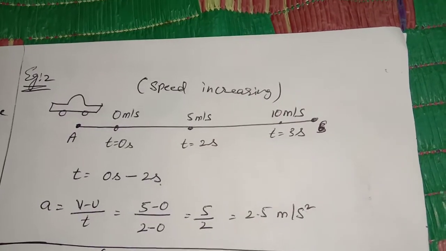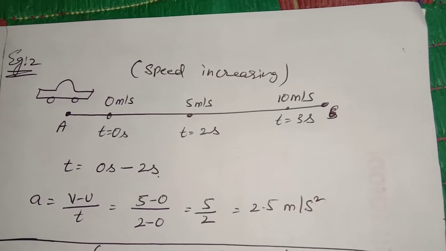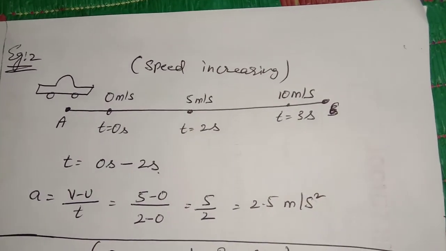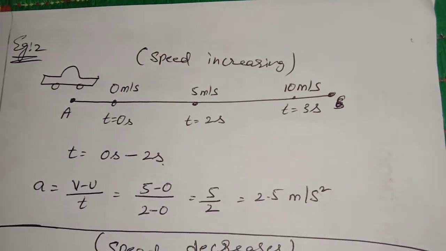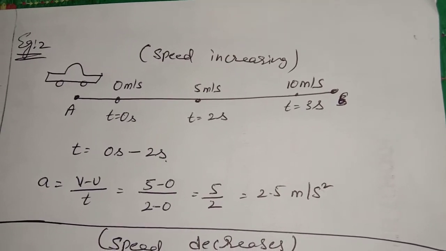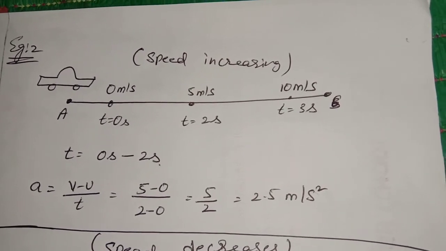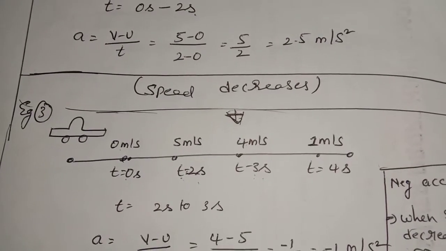So suppose you want to stop your vehicle, what will you do? You will apply the brake. When you are applying the brake, speed is decreasing. So how do we calculate for decreasing? We will see.